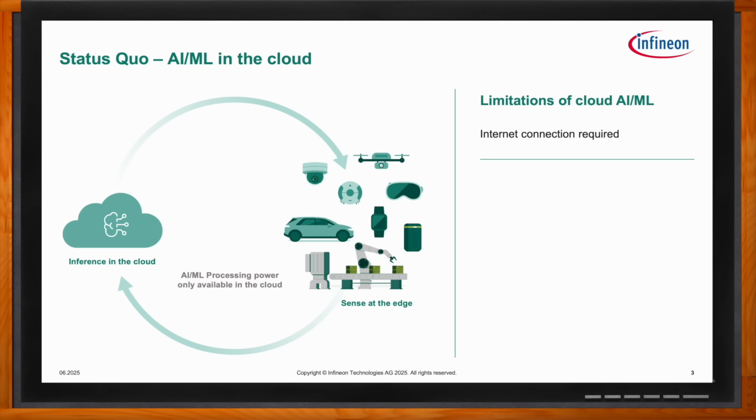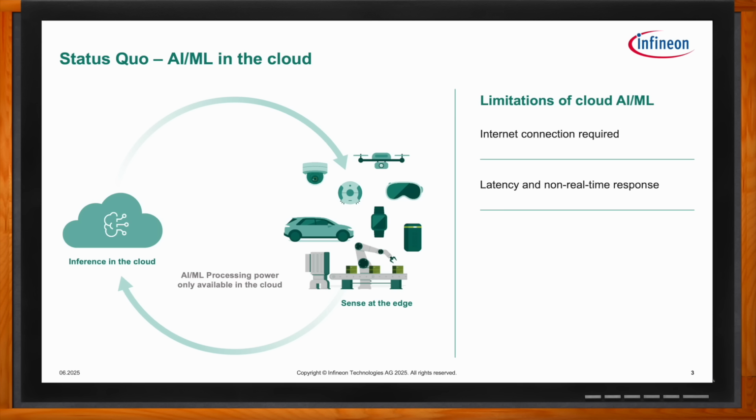The other problem is that connectivity can have latency and non-real-time response. You have this sensor, it gathers information, sends it to the internet, the AI ML is processed at the cloud, and then comes back, and it takes a couple of milliseconds perhaps, and the latency is not the best experience overall.